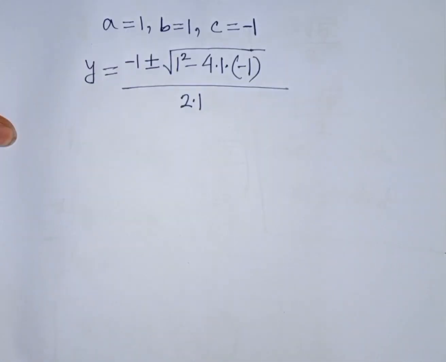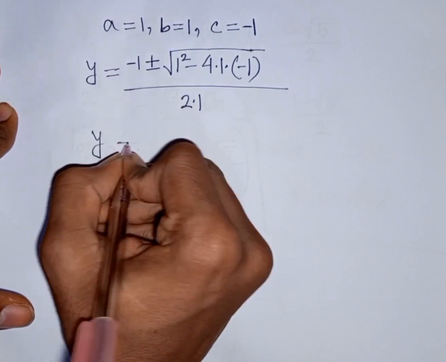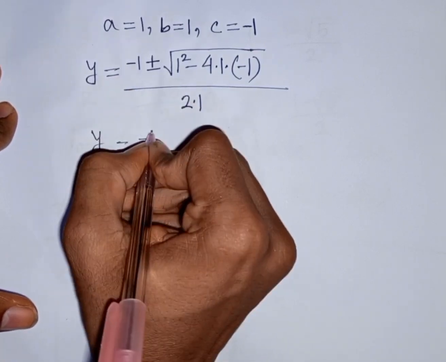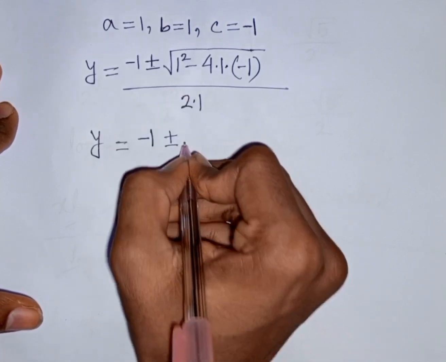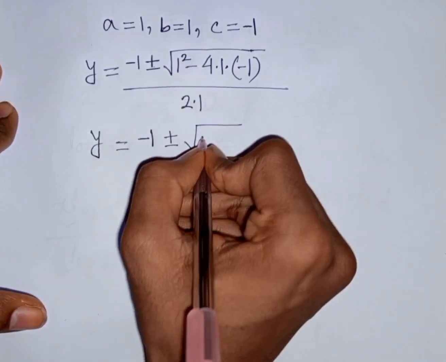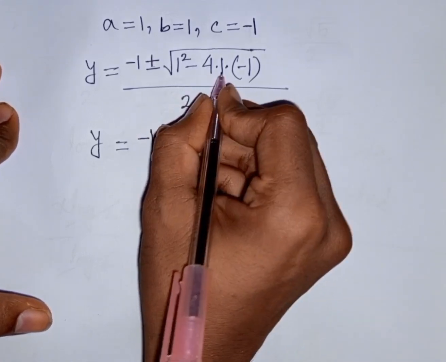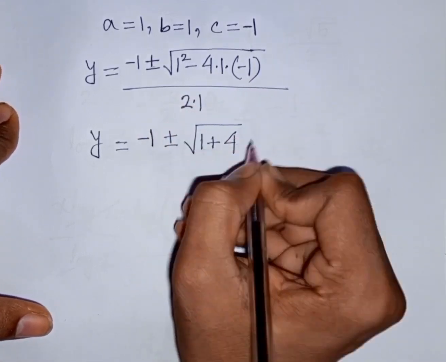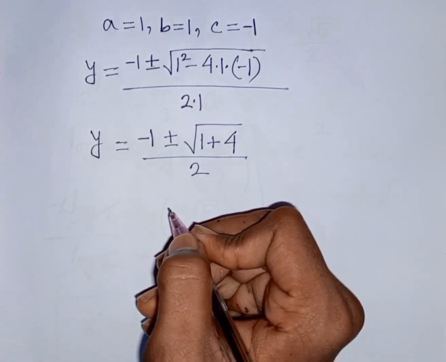Now we can write here y is equal to minus 1 plus or minus square root of 1 square is the same as 1, then minus times minus, that means plus, 4 times 1, that means it will be 4, then divided by 2 times 1, that means 2.